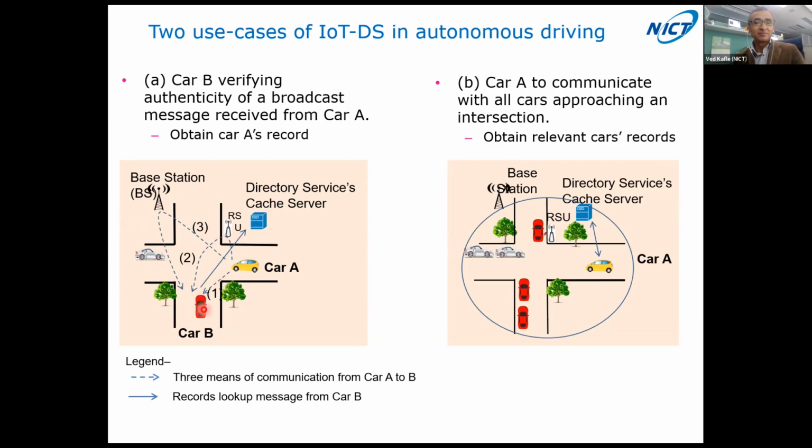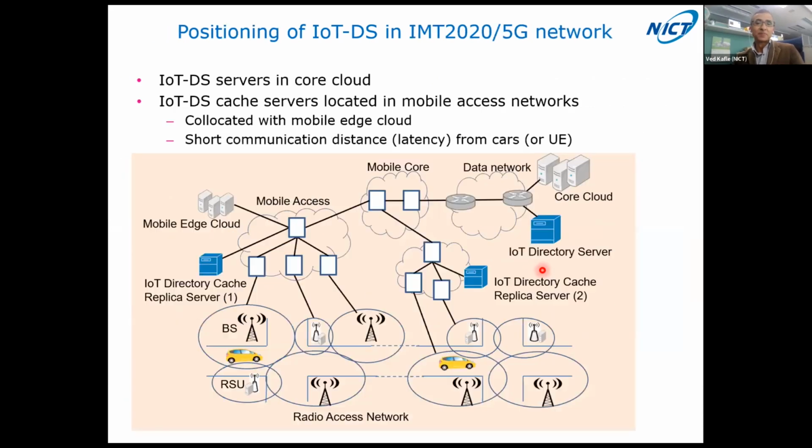By using this type of directory service, we can avoid collisions at intersections, because the cars know each other and know that the message coming from the neighboring car is genuine, and they take precautions in advance and avoid the collision. So this is one example.